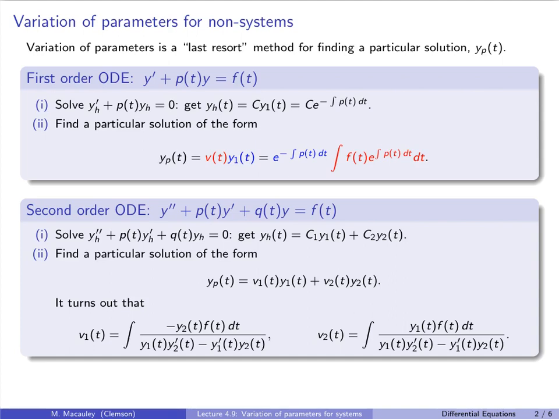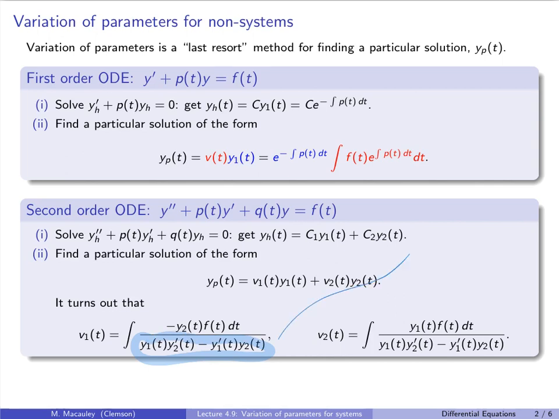And I actually showed you these formulas, unlike what I did for the first order case, because in this case it was actually useful to have these things. It wasn't quite so simple to just take derivatives and plug it back in like we did with the first order. So v1 was the integral of negative y2 times f divided by this curious product, which is something that we called the Wronskian.